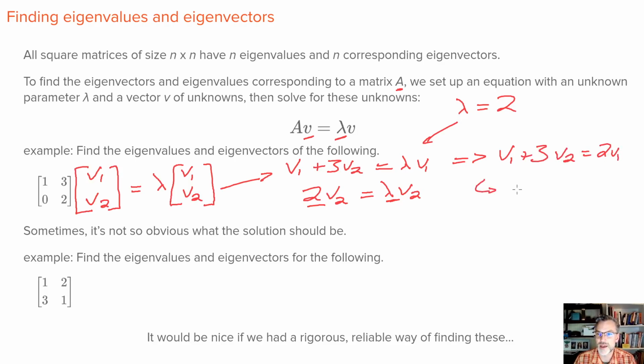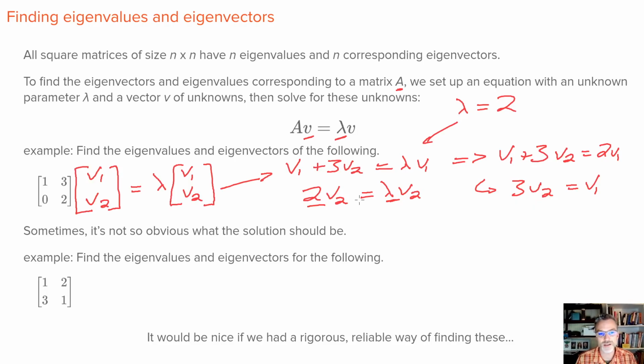Now, if I solve that, I get 3v2 is equal to v1. And that's as far as I can take that. So what this has shown me isn't explicit values for v1 and v2, but rather how v1 and v2 relate.